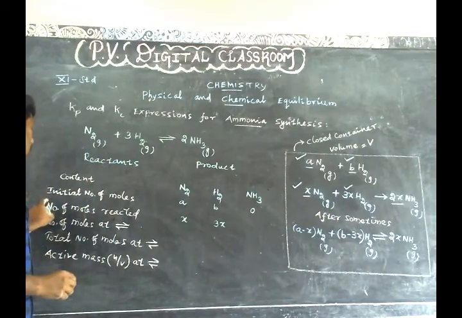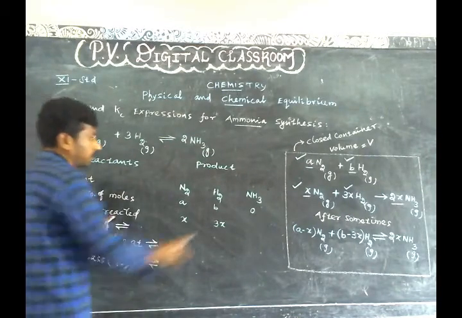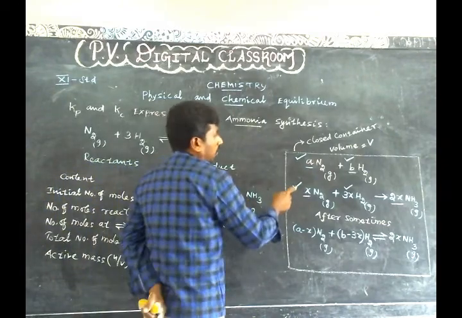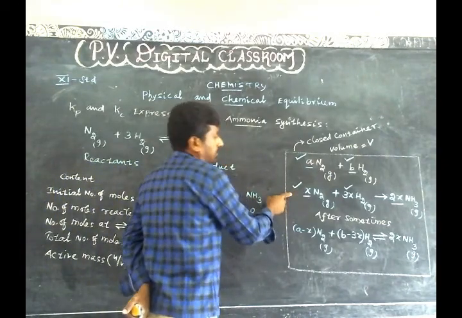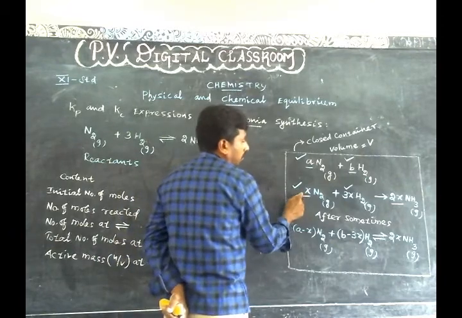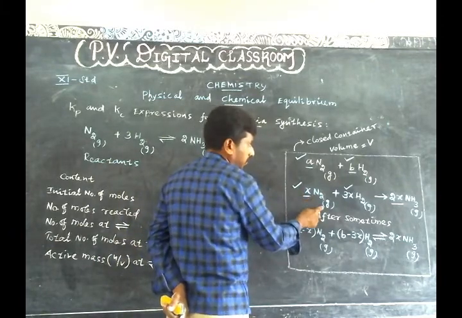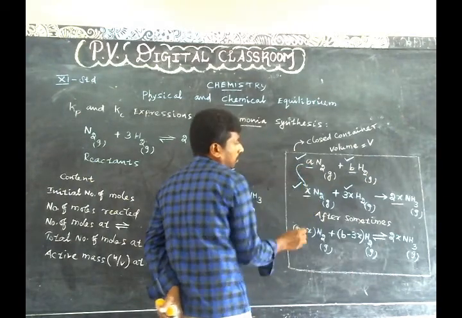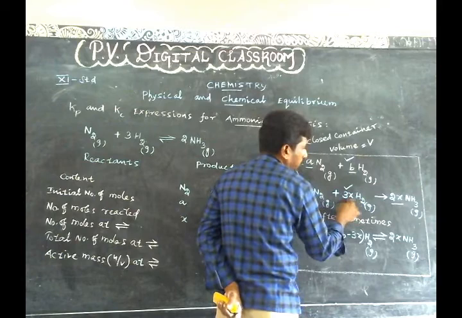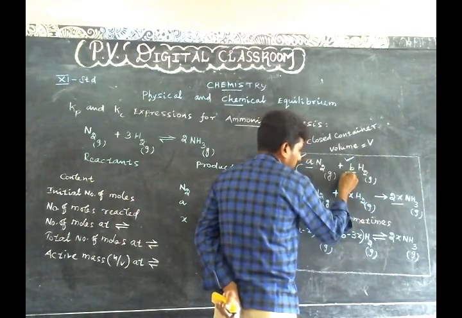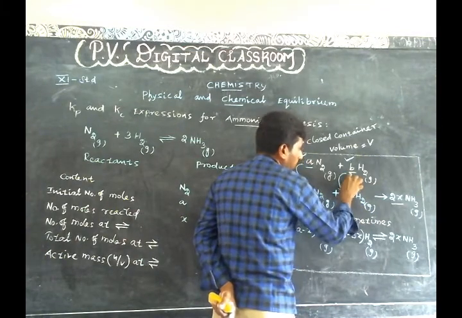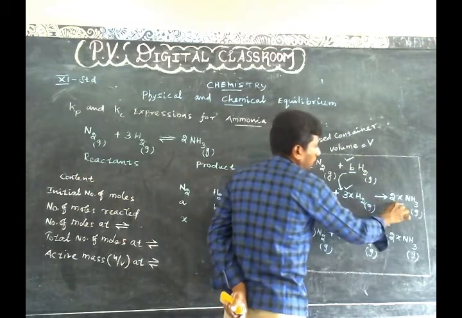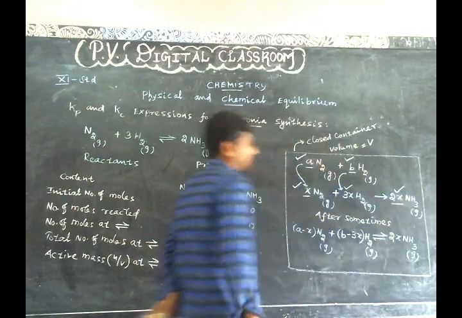Then the number of moles of reacted ammonia gas is 0, since in the beginning of the reaction only x moles of nitrogen gas from A moles and 3x moles of hydrogen gas from B moles are allowed to react to give 2x moles of ammonia gas.